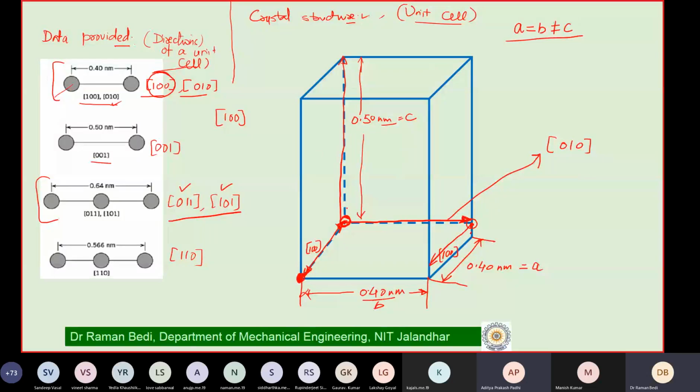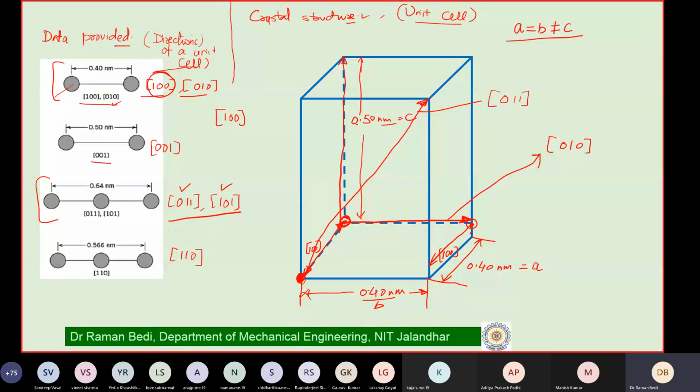It can be located here as the diagonal, or if I choose the origin here, it is the front face diagonal. Anyway, they are equivalent. For ease of marking, this happens to be your 011.